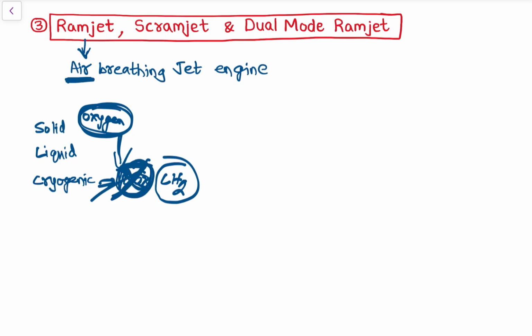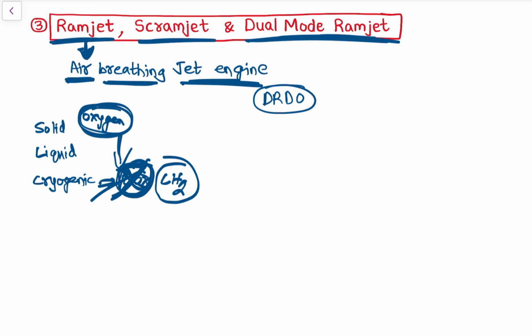So air से ही अगर ऑक्सीजन लेके जेट इंजन जल सकता है, so that is called ramjet, right. And ramjet basically DRDO is working, right, and ISRO also wants to incorporate ramjet, scramjet and dual mode ramjet technology into its aircrafts, sorry, into its rockets, right, ताकि fuel weight कम करे, right, and fuel cost कम करे, right.